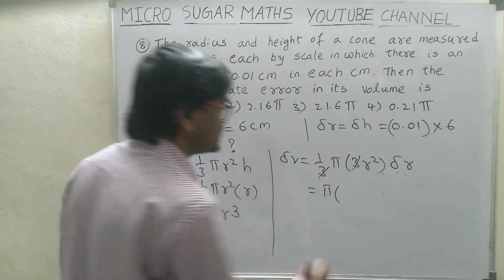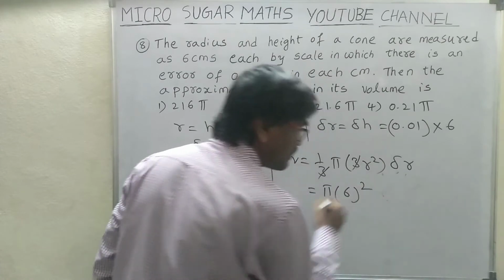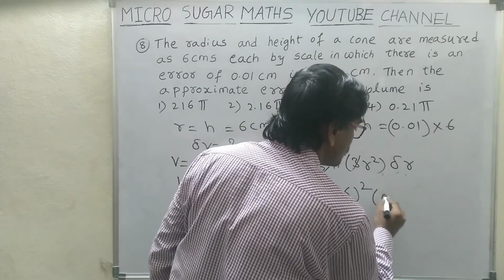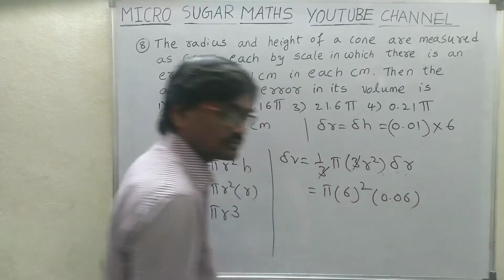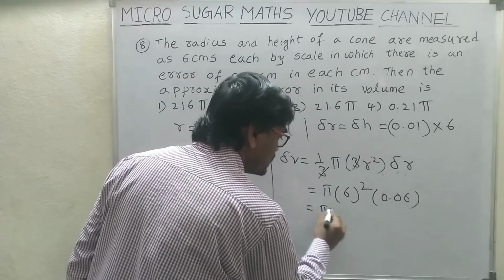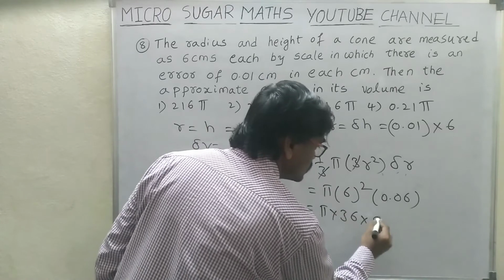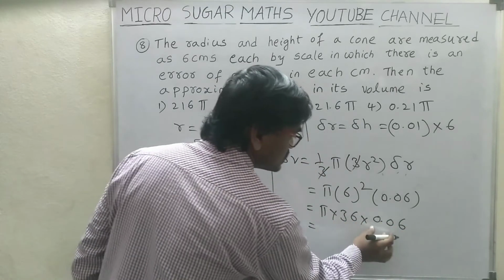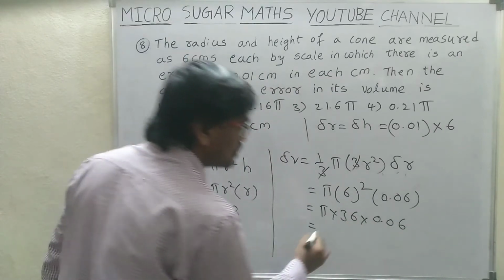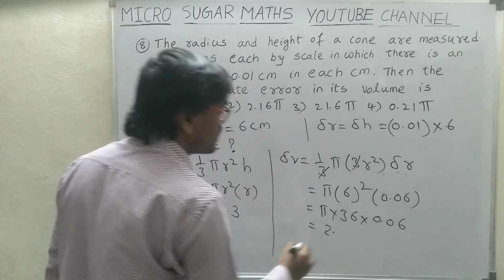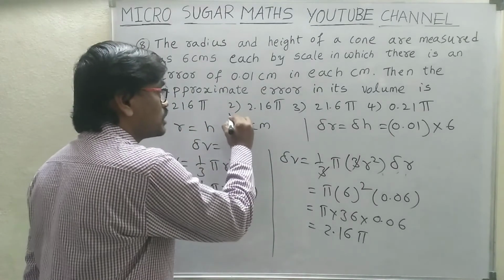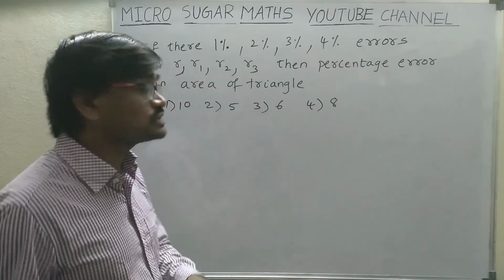The r value is 6 whole square. Next, the delta r value is 0.06. Therefore finally pi into 36 into 0.06. Your final answer is 36 into 0.06, which is 2.16 into pi. Second option.